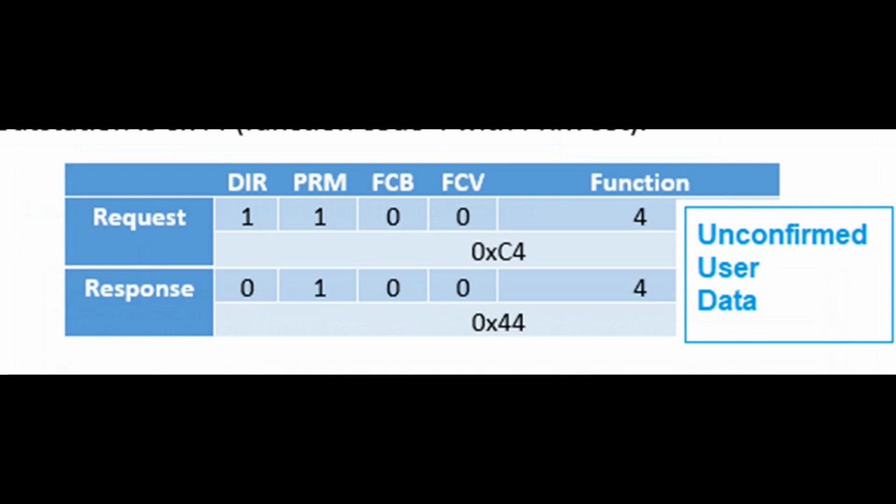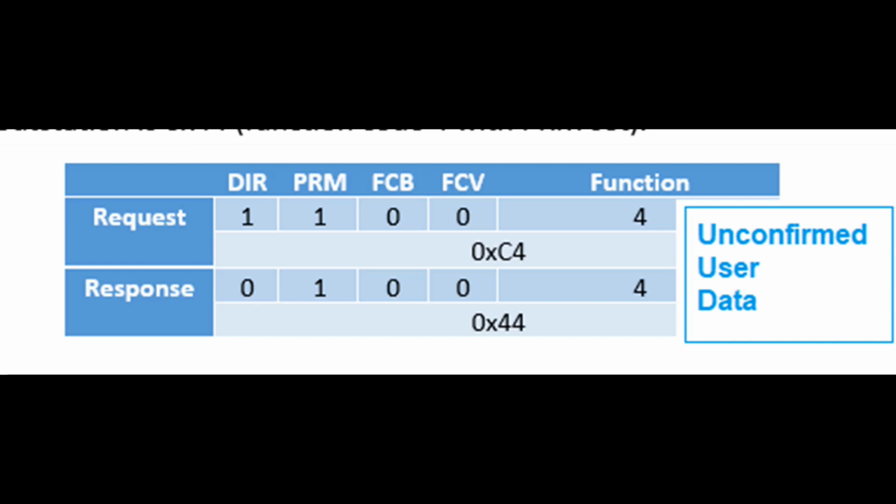Unconfirmed user data does not use the FCV or FCB bits. So the data link control octet in almost all messages from the master is a hex C4, which is function code 4 with the direction and primary bits set.